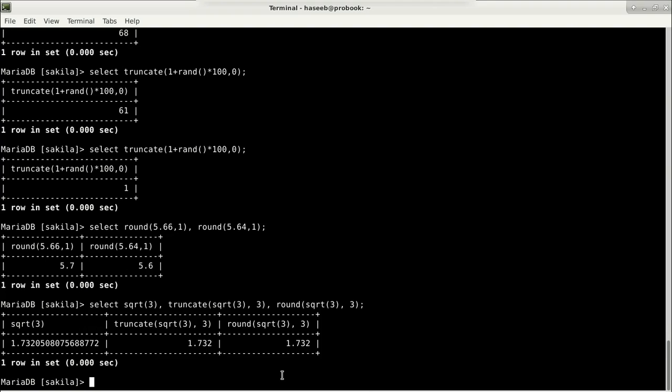So the actual answer is 1.732050 and so on, if I take the square root of 3.